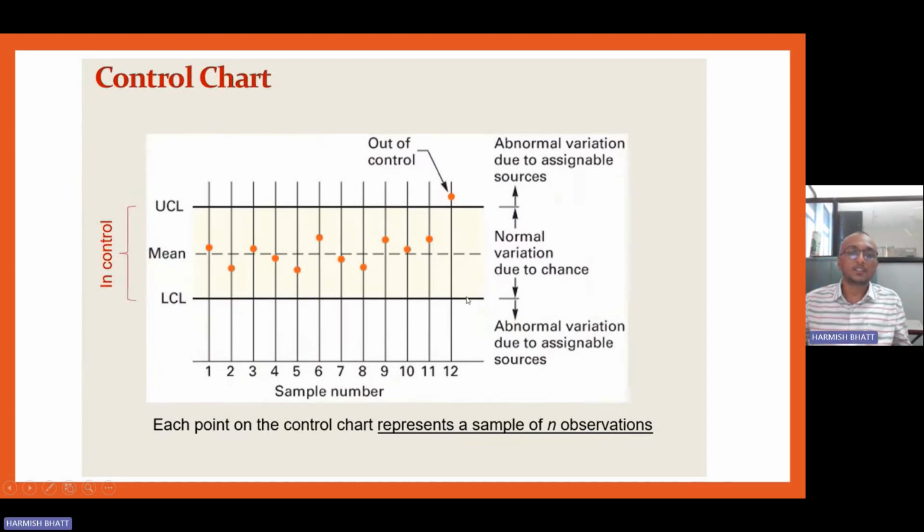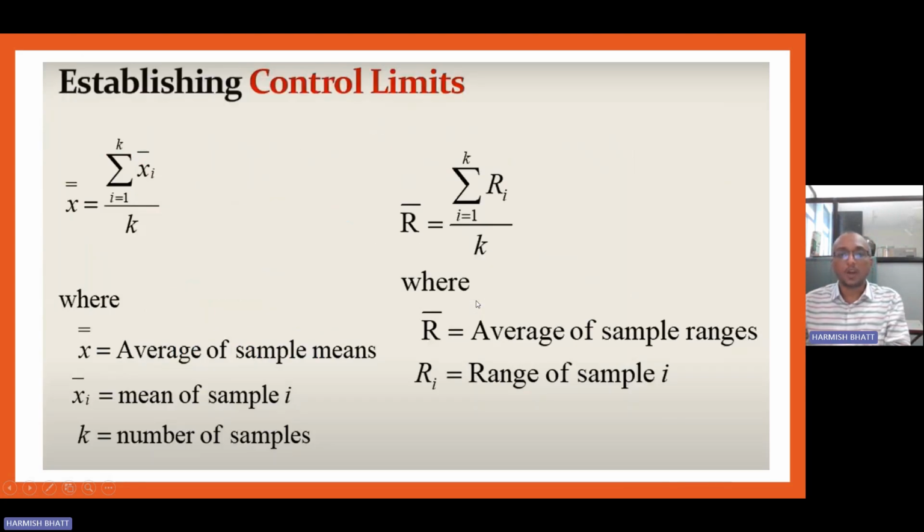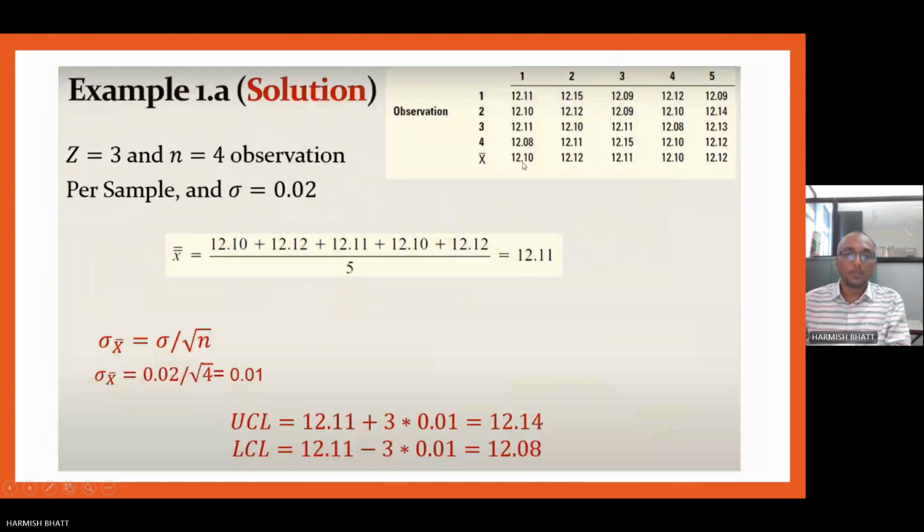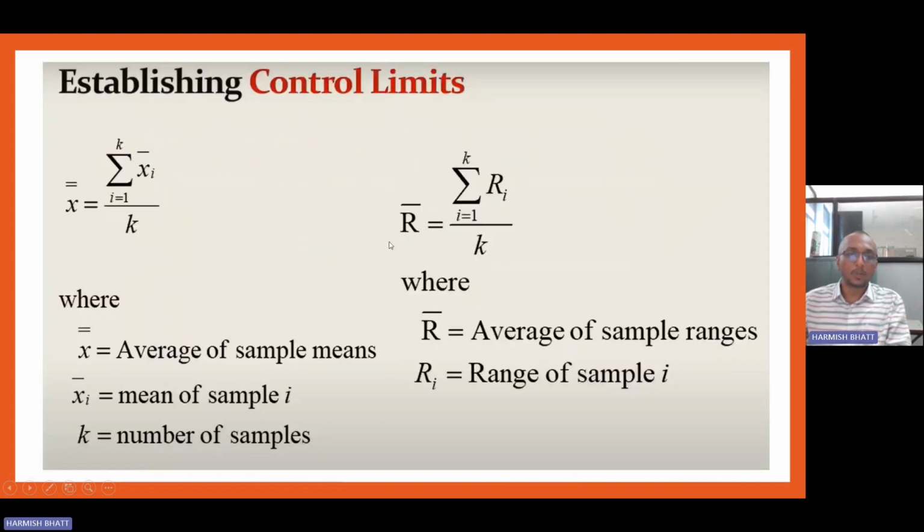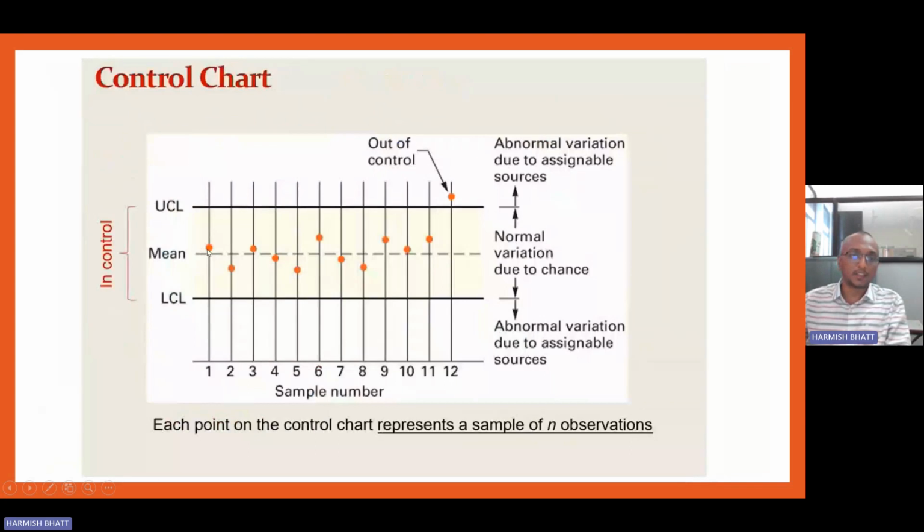And LCL, that is nothing but 12.08, will be below the x double bar line, that is the mean line. And then after, what will we be doing? We will be plotting all these points, all these averages, x bar points: 12.10, 12.12, 12.11, 12.10 and 12.12, on this particular graph.